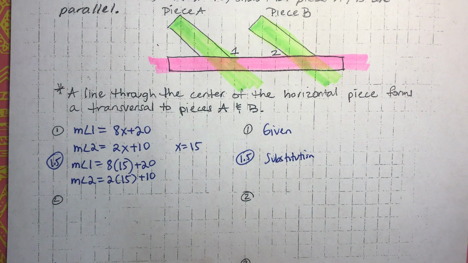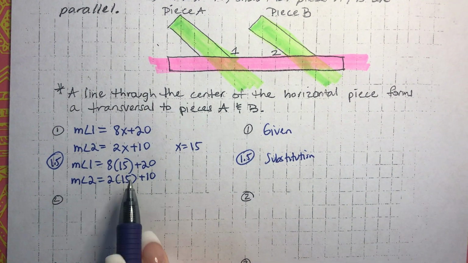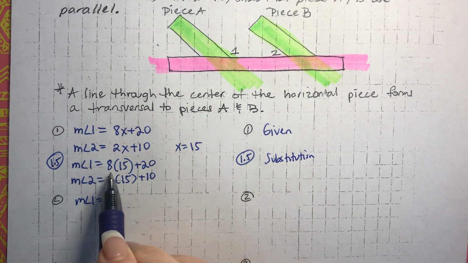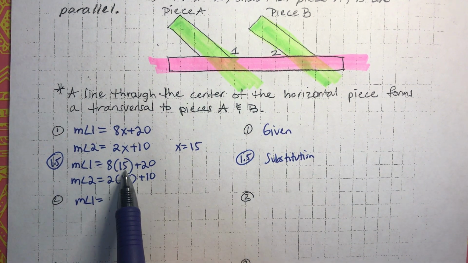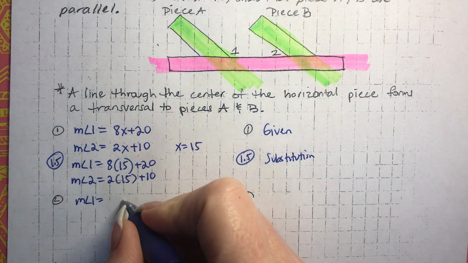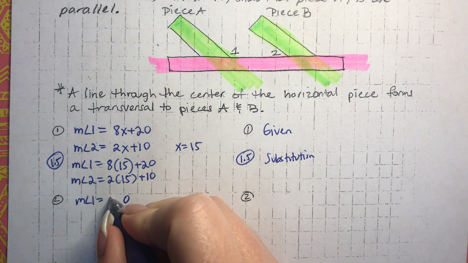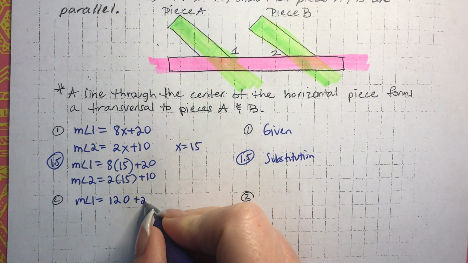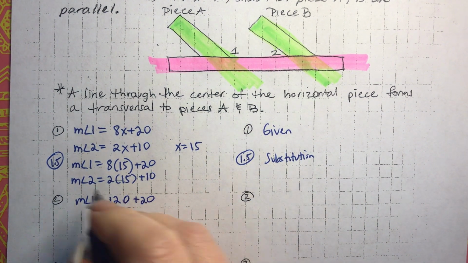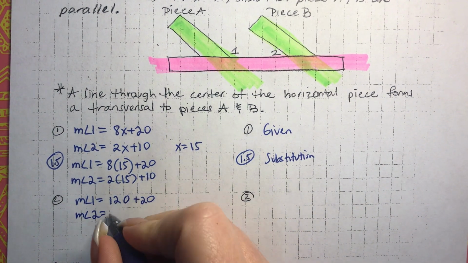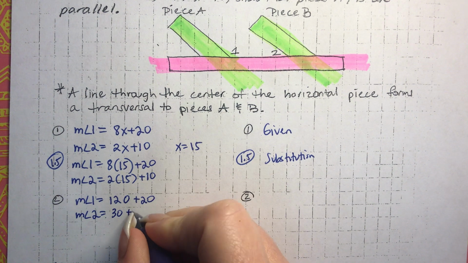All right, now we're going to go through the simplification process and just figure out what all this is. So measure of angle 1 equals, let's do this multiplication first, 8 times 15. Oh gosh, okay, so 8 times 5 is 40. Write the 0, then I carry a 4. 8 times 1 is 8, plus 4 is 12, so 120, plus 20. And then measure of angle 2 is equal to 2 times 15, which is 30, plus 10.